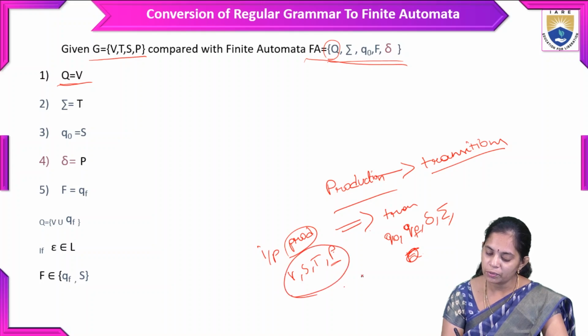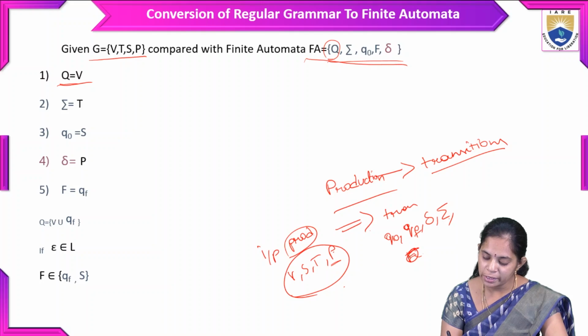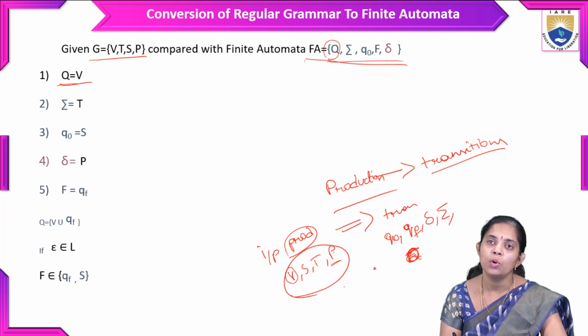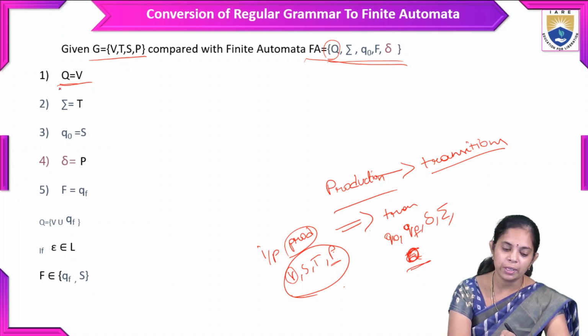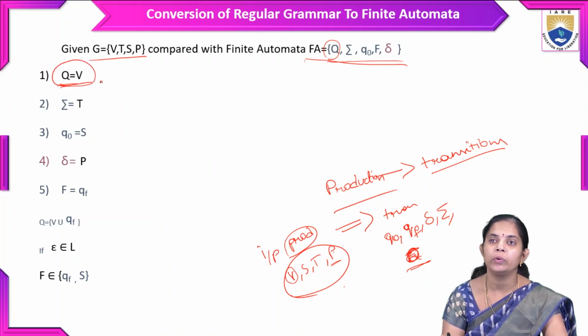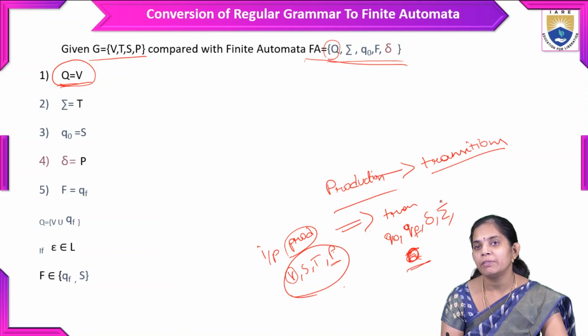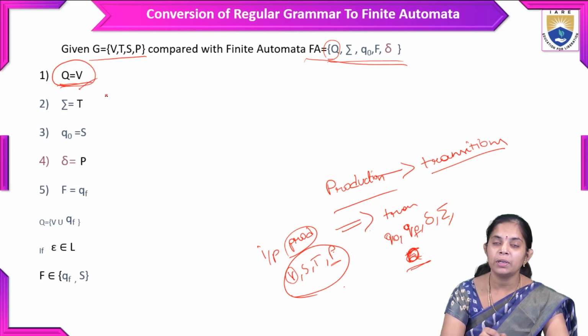First, this Q belongs to V. The capital letters are represented with variables, and those variables are named as the finite set of states here. So Q is equal to V. Q is a finite set of states, and V is a finite set of variables.